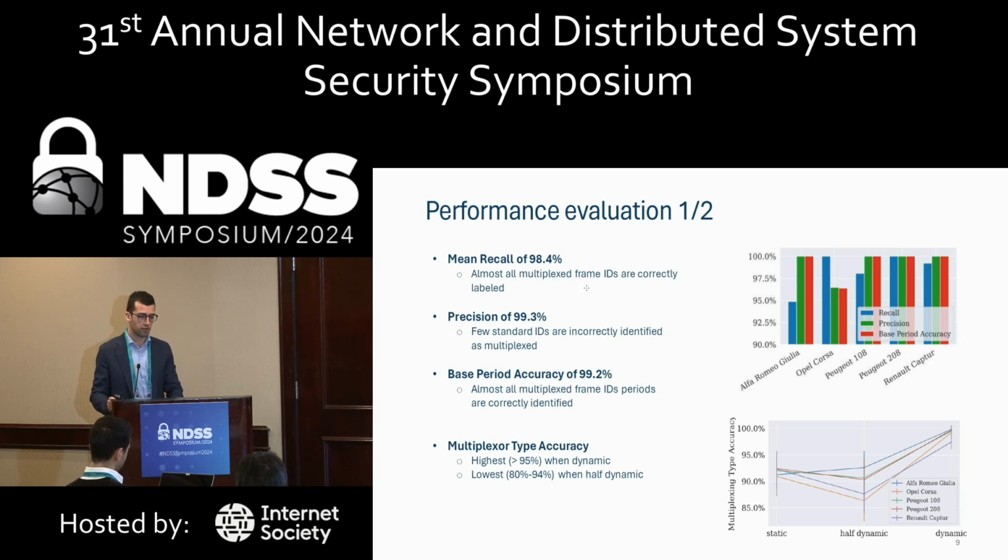So we achieve quite high results in the case of dynamic bits, and the worst results in half dynamic. And why this is the case is mostly left to future work.